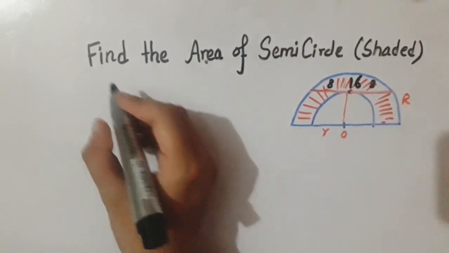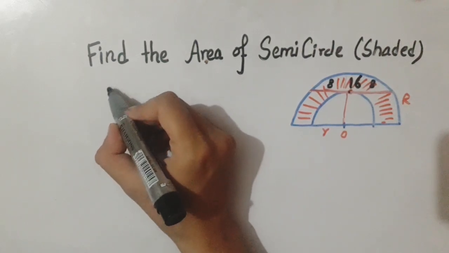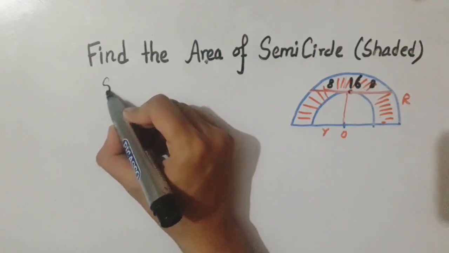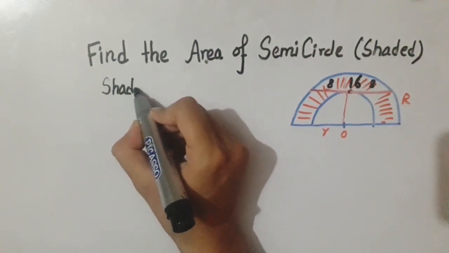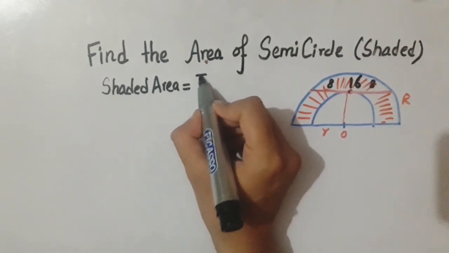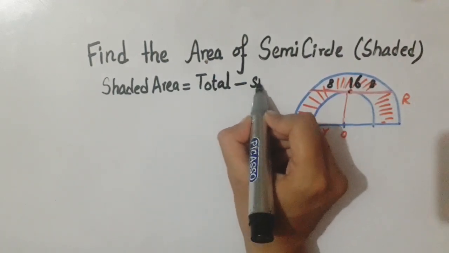First of all, we will consider that shaded area will be equal to total minus small.